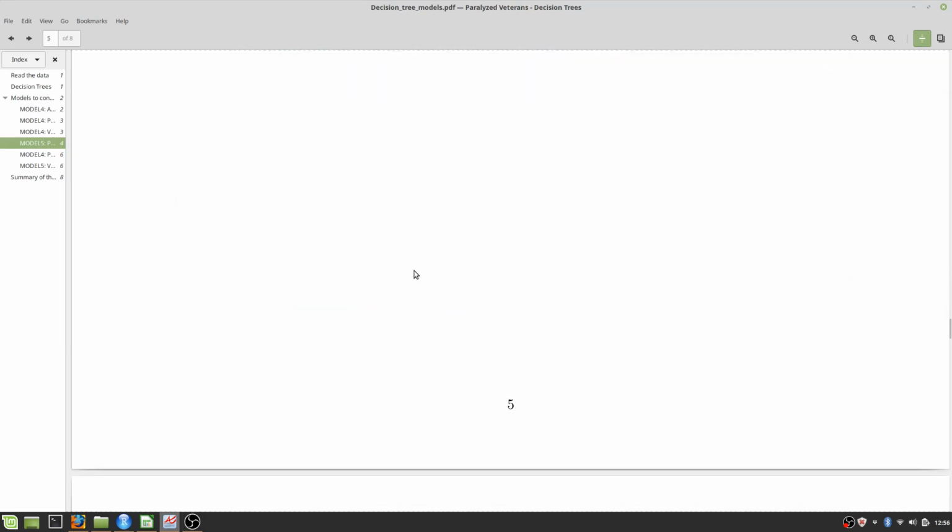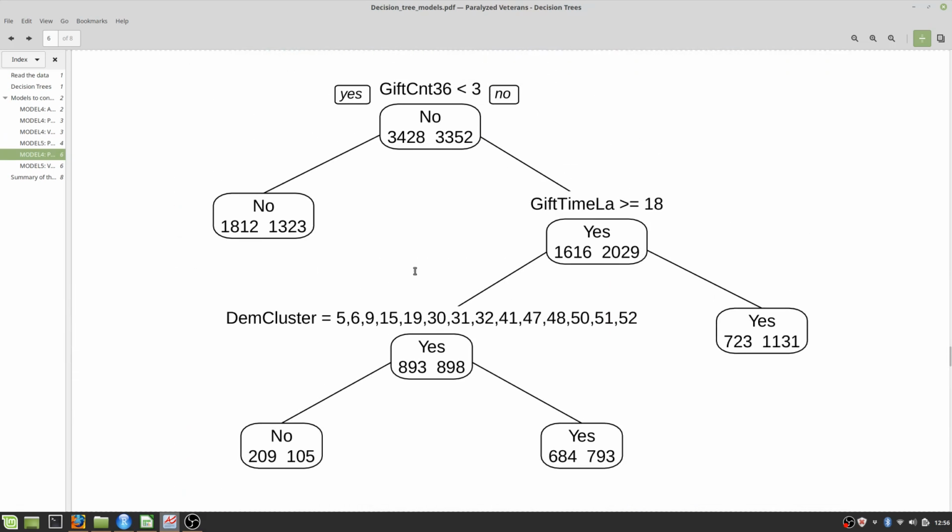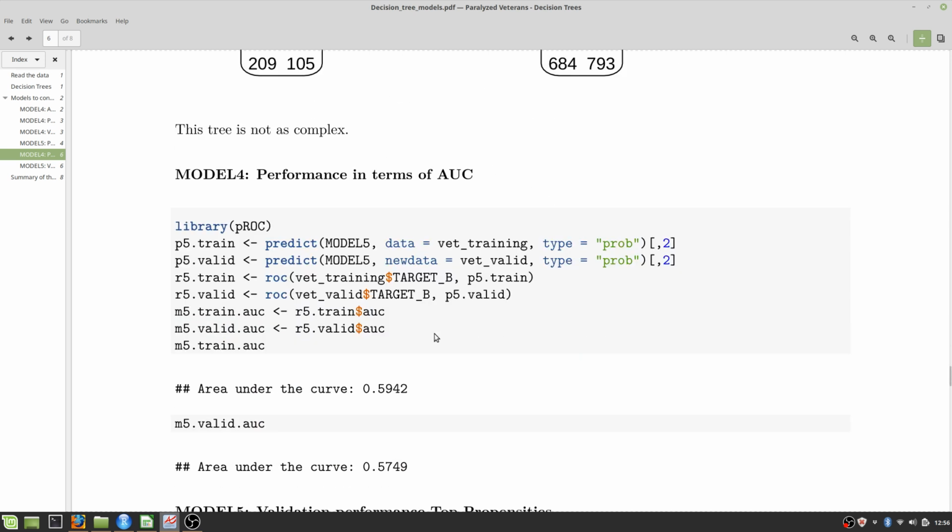In that tree, the gift count in the last 36 months was the most important variable. The last gift amount and the demographic cluster were also important variables.